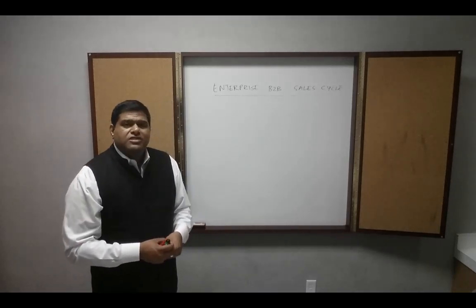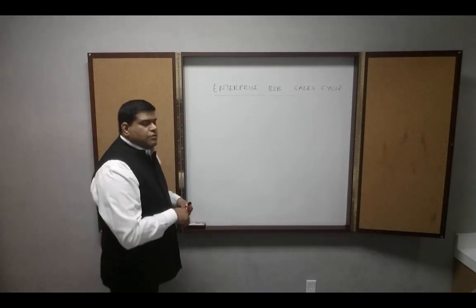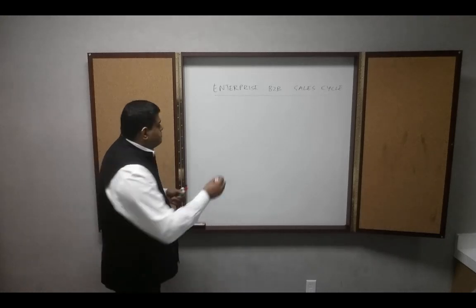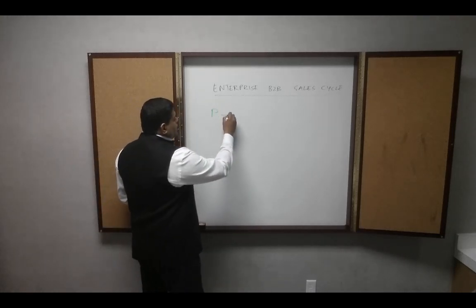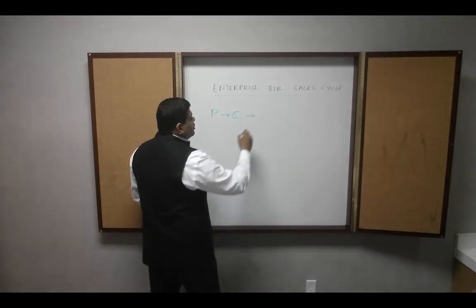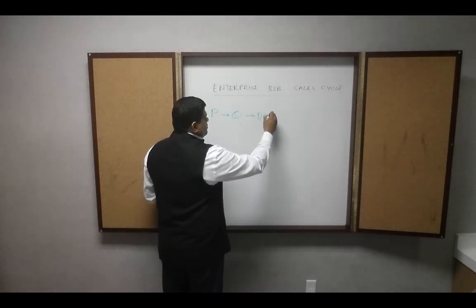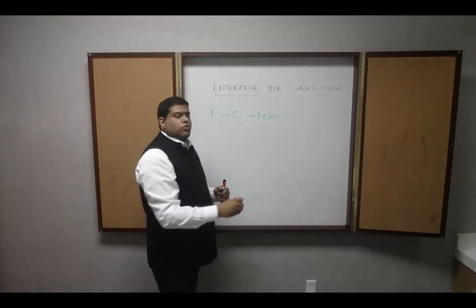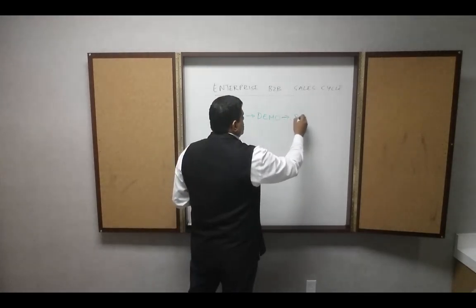Now, the stages of the sales cycle, put simply, you start off with prospecting. From prospecting, you go to qualification. From qualification, you go to a demo. From a demo, you proceed forward to a proposal.